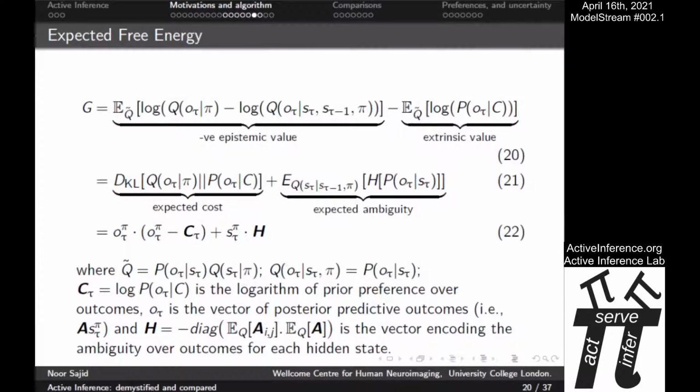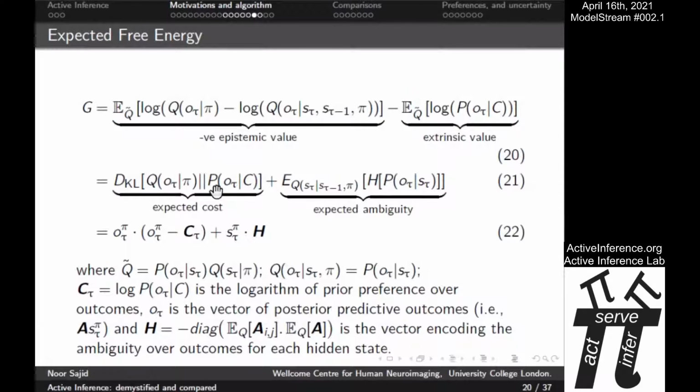If we just consider the first equation, we can say that if we're minimizing this equation, then we're capturing this imperative to maximize the information gain that you would have from observing the environment about particular hidden states, while maximizing the expected value, which is scored by the log preferences or the extrinsic value here. So this particular formulation gives us a very clear trade-off between the first component, which is the epistemic value that promotes curious behavior, with exploration encouraged as the agent seeks out new states that minimize uncertainty about the environment.